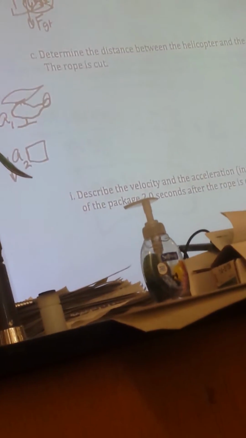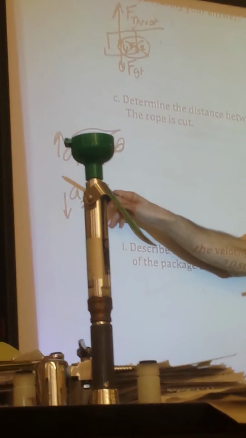We want to know about the distance between the two. You can figure out, based on this acceleration and the initial velocity of the helicopter, where it's going to be 2 seconds later. You can figure out, with this acceleration and this initial velocity, where this is going to be 2 seconds later, and then add those two distances. That's one way to go.